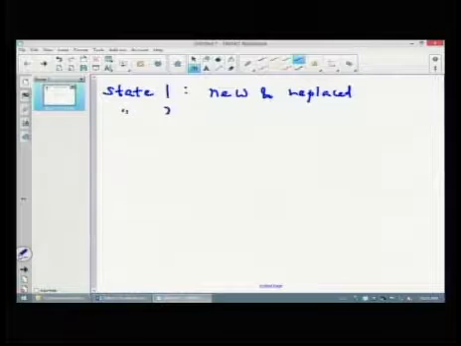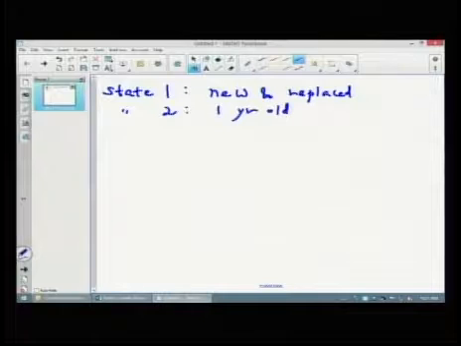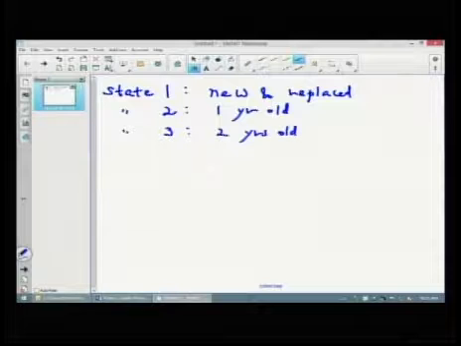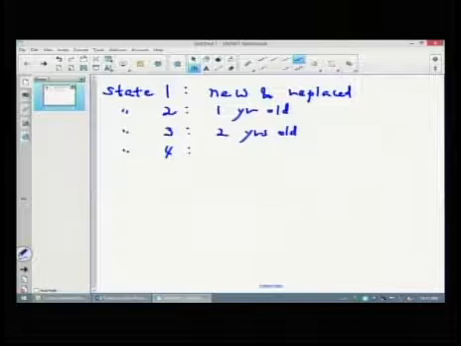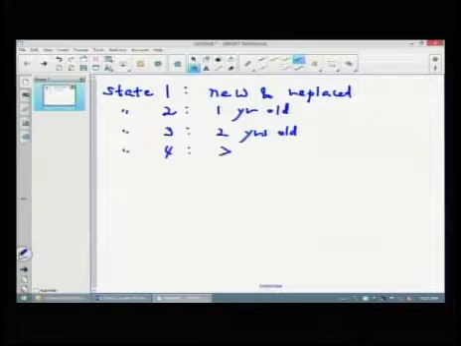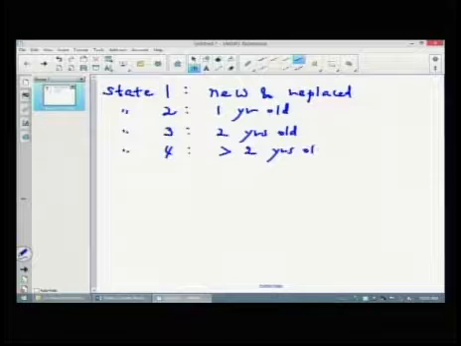And state number 2 would be 1-year-old refrigerator. State number 3 is the 2 years old. And state number 4 would be older than 2 years old.